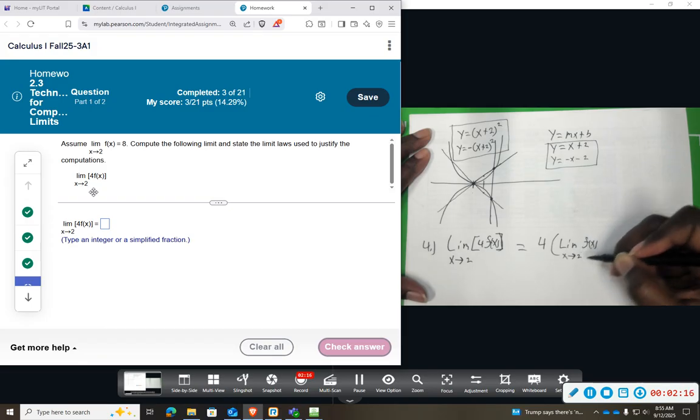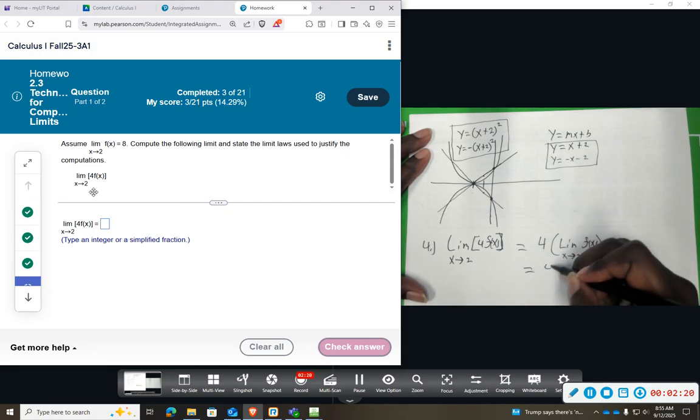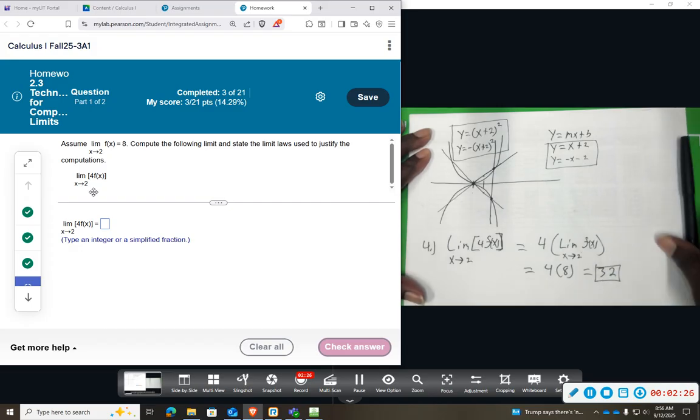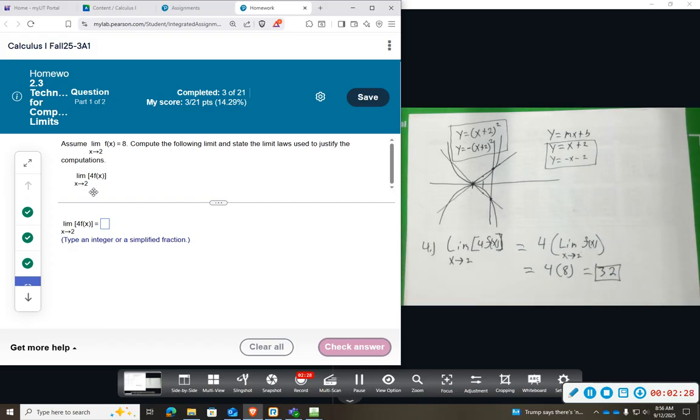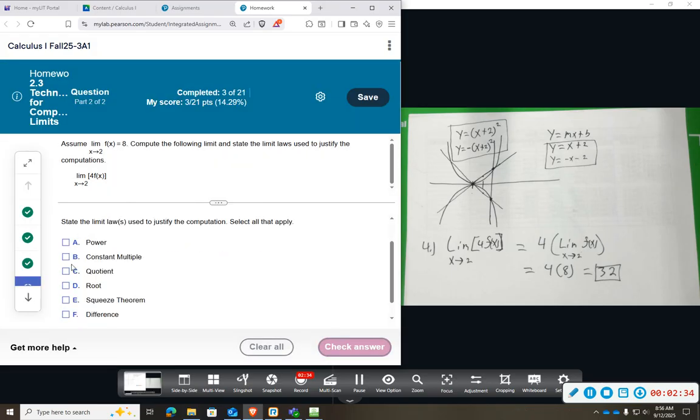So we're told that this limit is equal to 8. So we're just saying 4 times 8, which gives us 32. So that's according to the constant multiple rule. And that is the constant multiple.